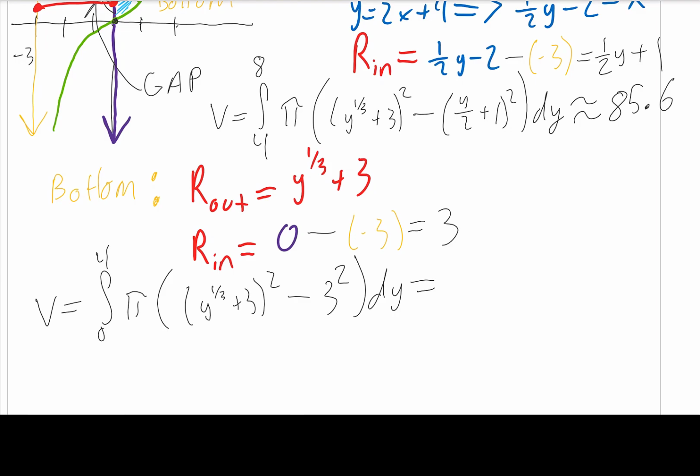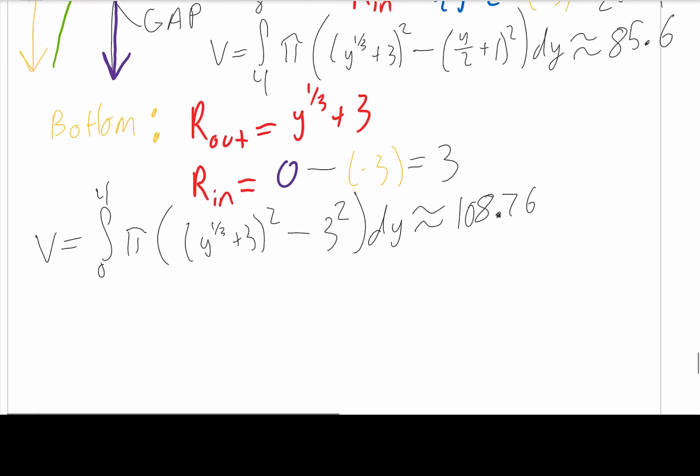And when you calculate this, you should get approximately, sorry, I'm not going to put equals, approximately, that's what this little double tilde symbol means. It means approximately, not exactly equal to. So approximately 108.76.